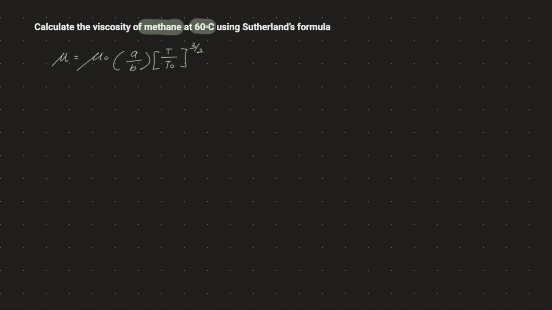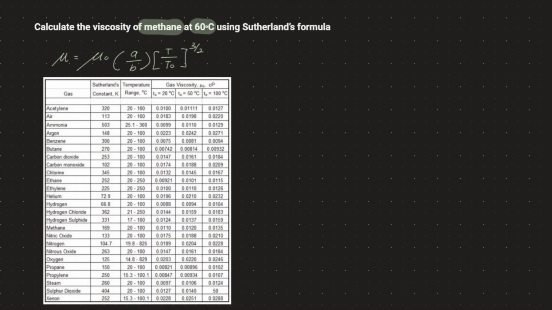So from here we need to refer to our table. According to the question, we shall be looking at methane and the temperature is 60 degrees Celsius, and the nearest to 60 is 50 degrees Celsius. Therefore, we are going to look at this value and also the Sutherland constant will be 169.